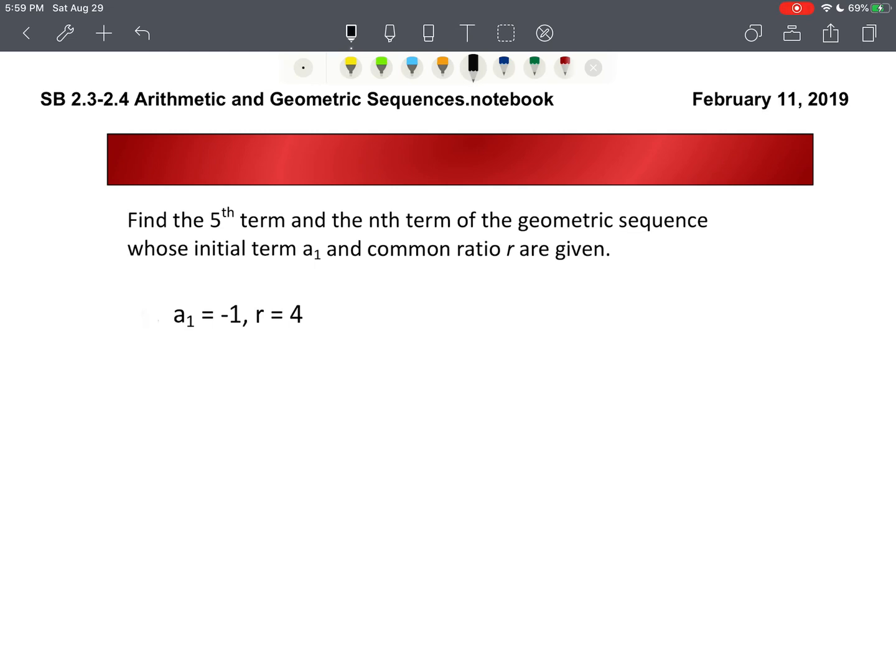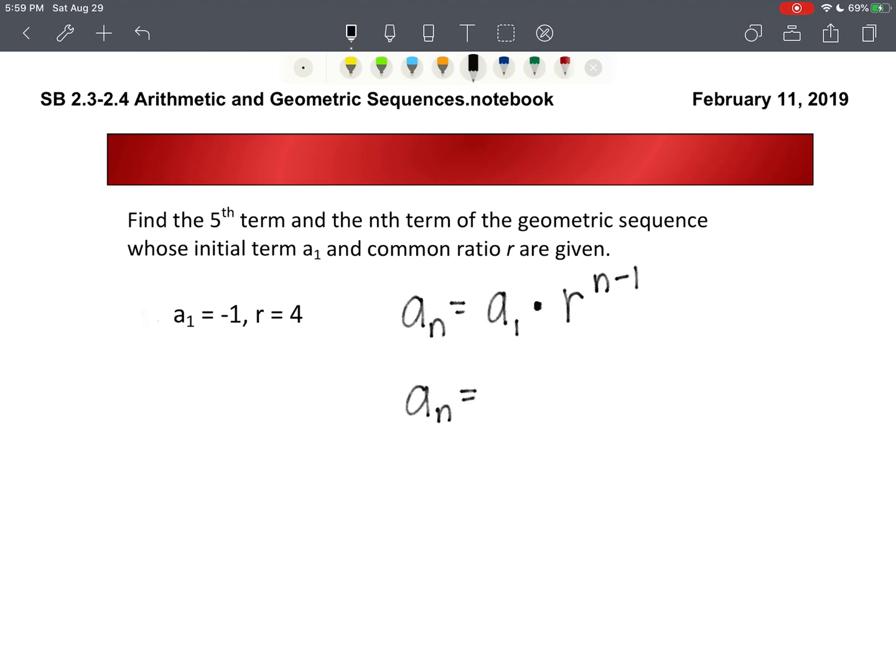Find the fifth term and the nth term of the geometric sequence whose initial term a sub 1 and common ratio are given. So our common ratio is 4. Our first term is negative 1. So I'm going to write down the formula, and I'm going to use the n minus 1 right there, because that's going to be the easiest way for us to write a formula.